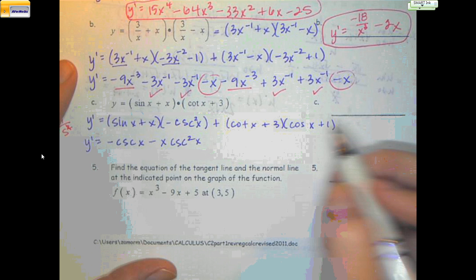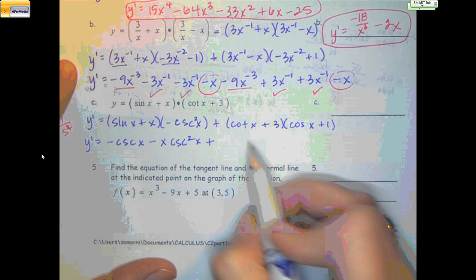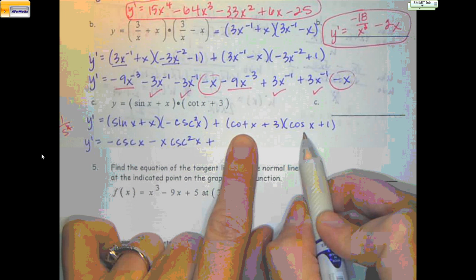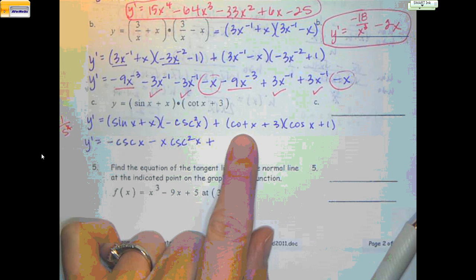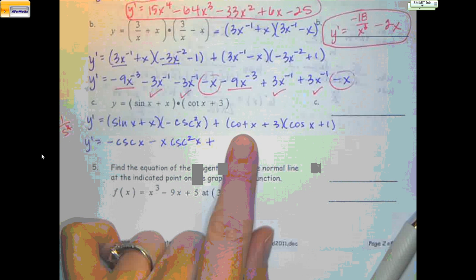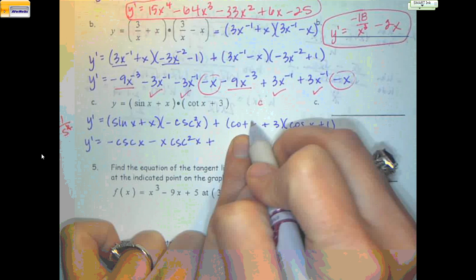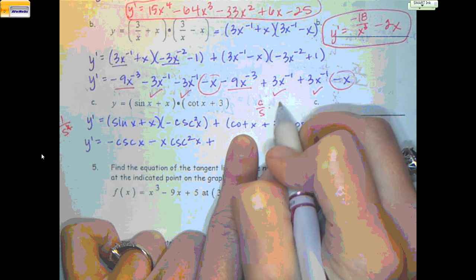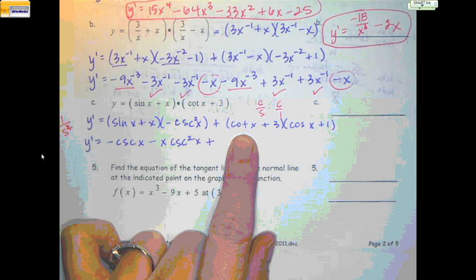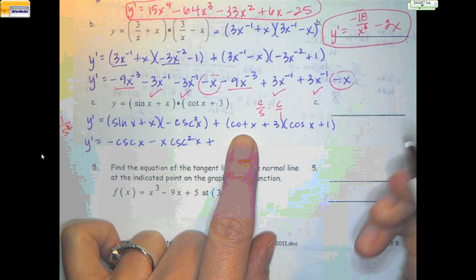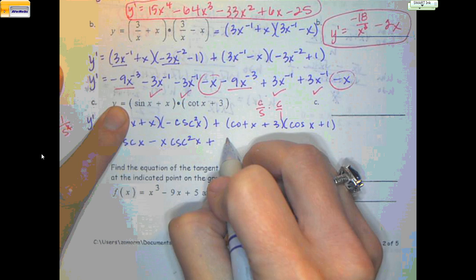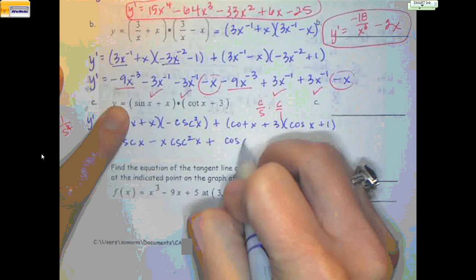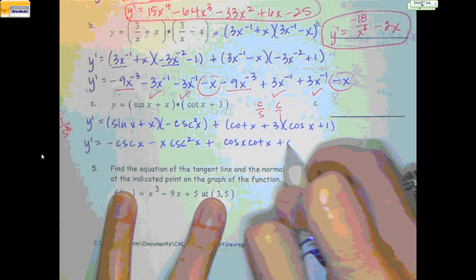Foil the last ones. Plus, now if I multiply my first terms, cotangent times cosine, does anything happen there? If you aren't sure, you can write it. Cotangent is cosine over sine times cosine over 1. Did anything happen? Nothing cancels, nothing goes away, it just gets crazy. So we're just going to leave it as cosine x cotangent x. The outside terms get us cotangent x.